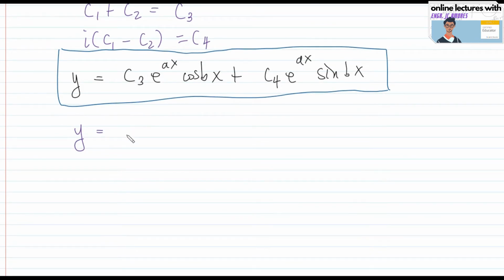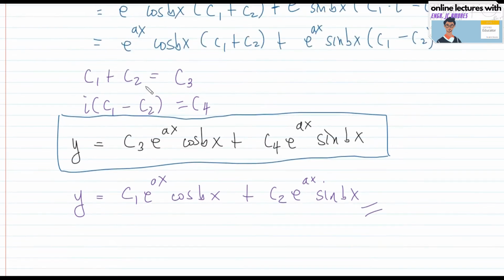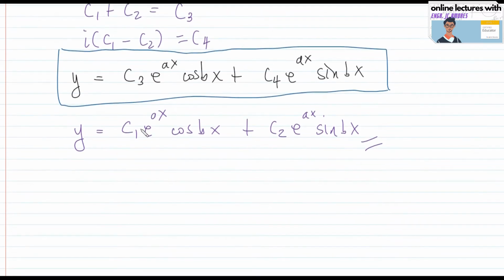Instead, the solution would be c1 e raised to ax cosine bx, plus c sub 2 e raised to ax sine of bx. Just take note of the changes in the arbitrary constants. If we are applying this, we will just use c1 and c2 instead.